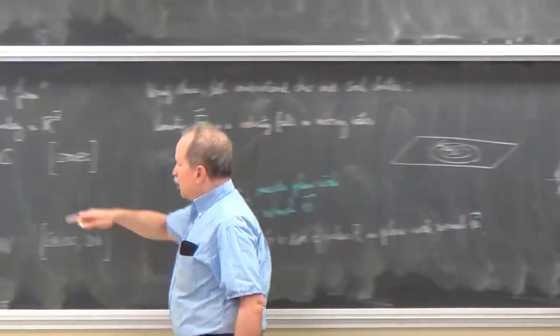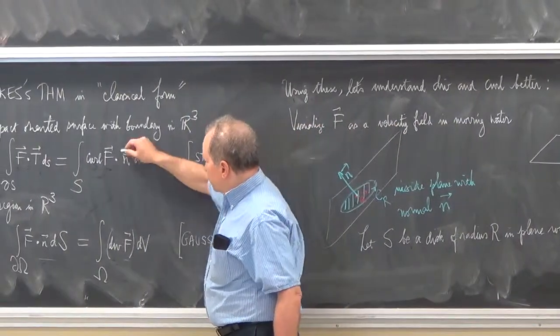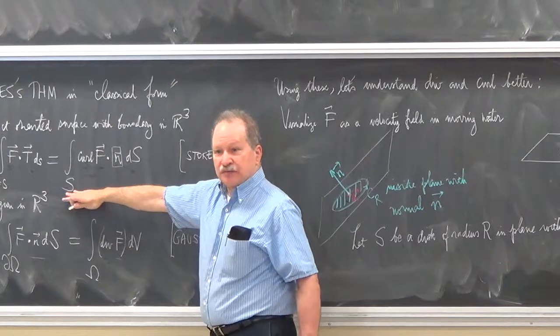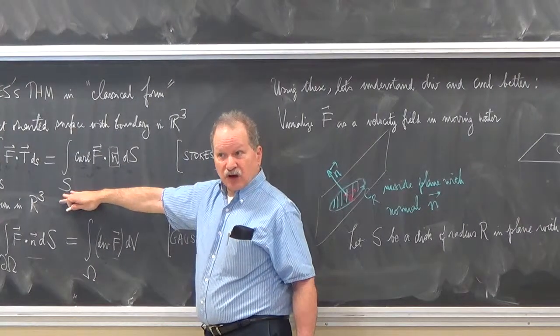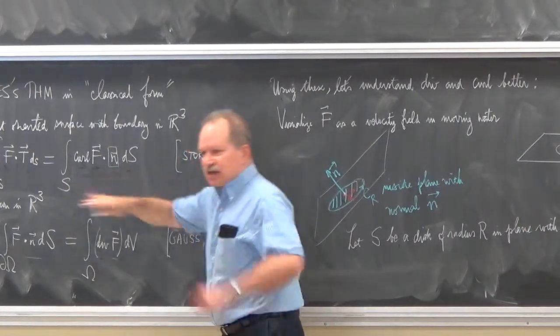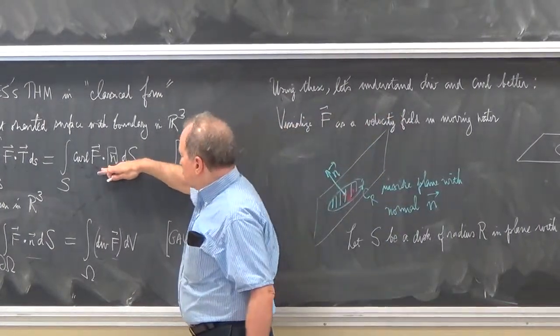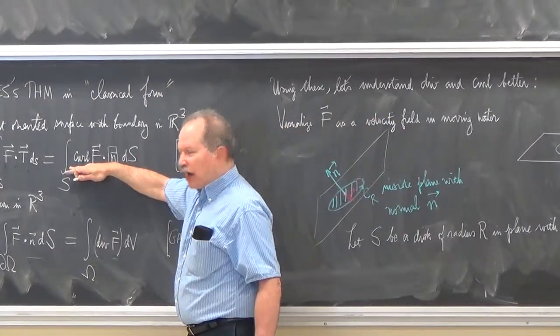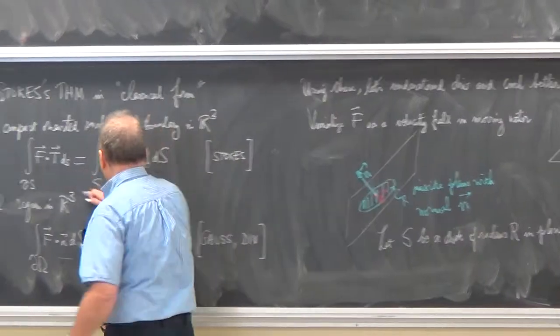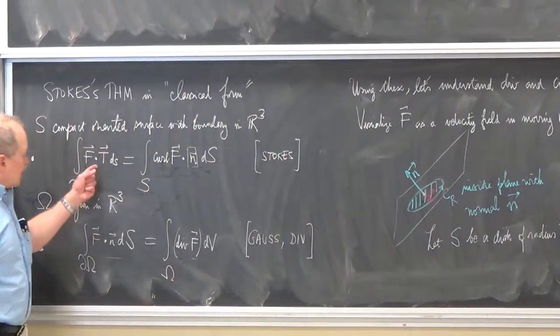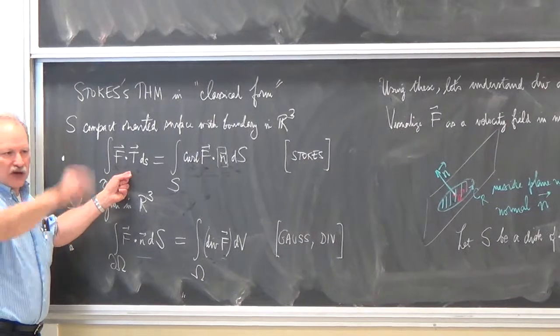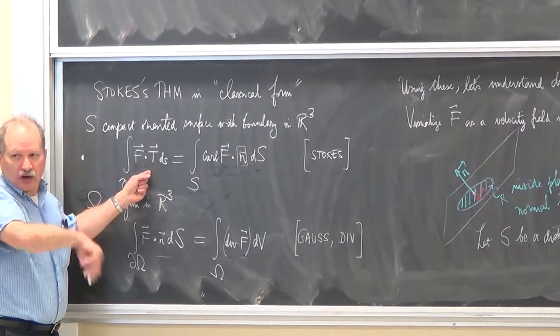Then the normal is constant on S, because my S is in a plane with constant normal vector. So I'm finding that component of curl F and integrating it over this disk of radius R, and that's telling me how much F does work going around the circle.